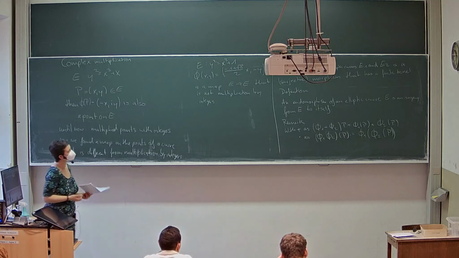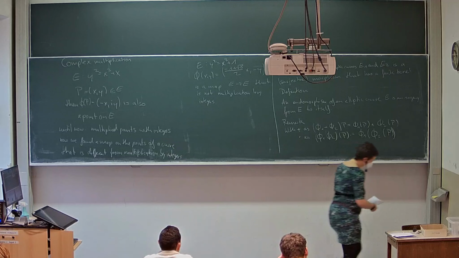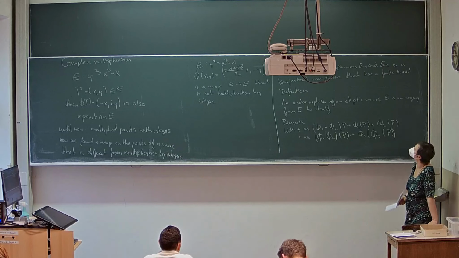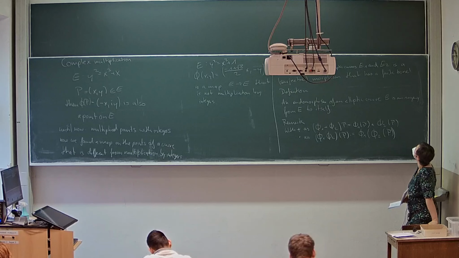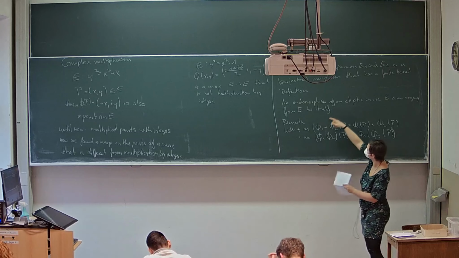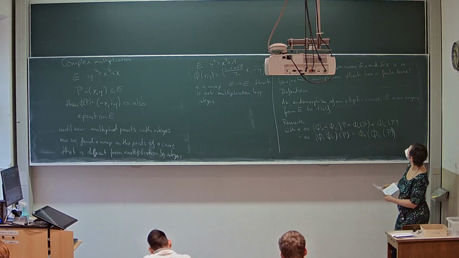I think we could also just define it as a general morphism, or we could define it as a homomorphism of elliptic curves, and I think then everything would basically be the same. So as a group homomorphism, because here we didn't say that it has to work with the group structure.